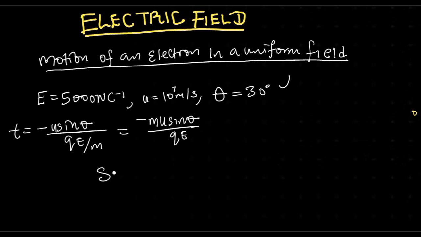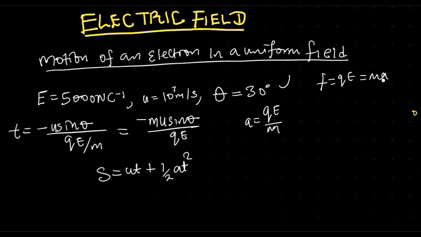So what we do is substitute into the equation of motion. We now have s equal to ut plus 1 over 2 at squared. And we already know that our acceleration a is equal to what? QE all over m. We know how this came about, that F is equal to QE, the same F is equal to ma. So when we make a the subject of the formula, a is equal to QE over m.